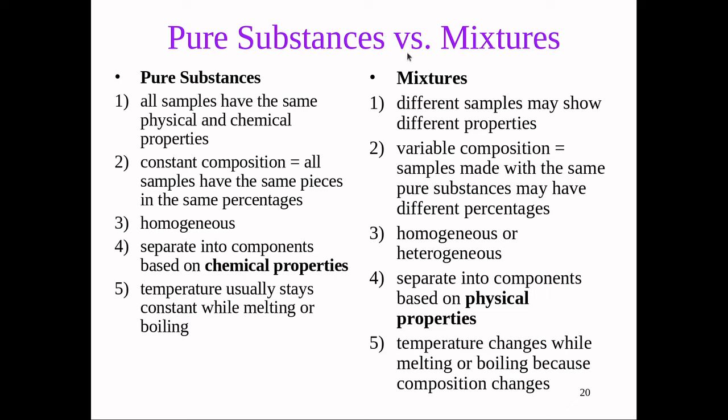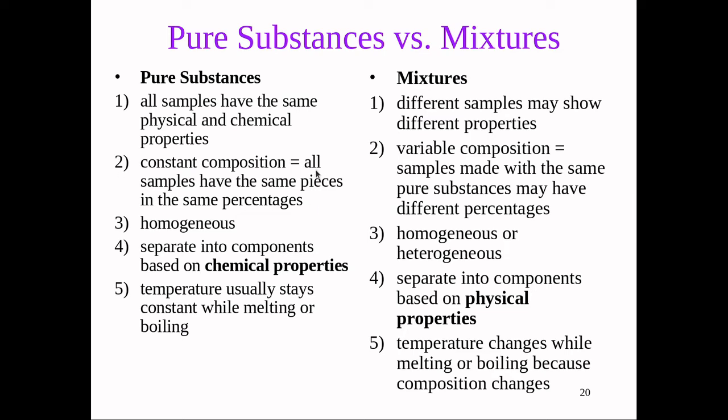Okay, let's go through a little play-by-play now of the difference between pure substances and mixtures. Okay, pure substances. All samples have the same physical and chemical properties. Okay, and we're going to talk a little bit more about what physical and chemical properties are. They have constant composition. All the samples have the same pieces in the same percentages.